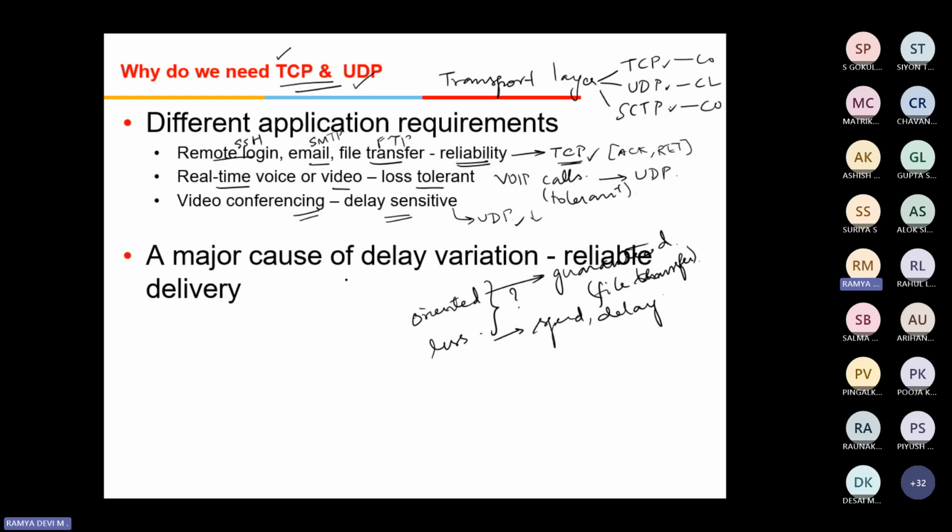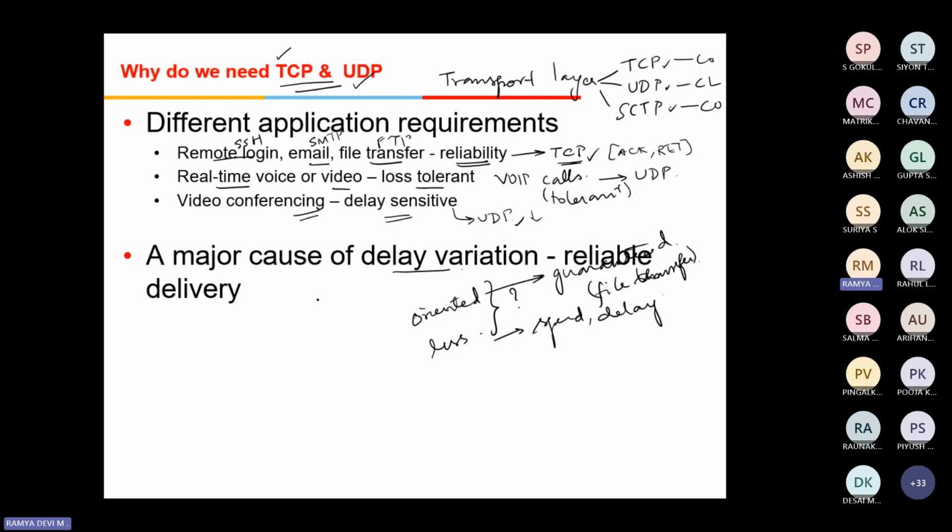Right? So the major cause of delay variation is reliable delivery. TCP is a reliable delivery mechanism, so it will wait for the acknowledgement. If there is a packet with an error, it will discard the packet and request the sender to retransfer the lost packet. Flow control is required, and it can cause delay variation.